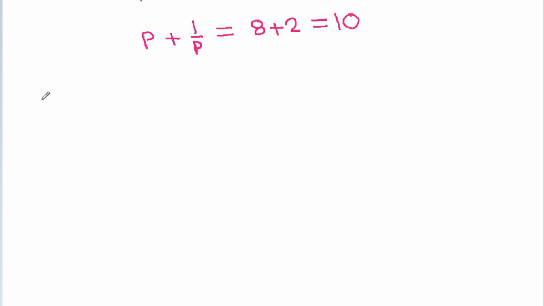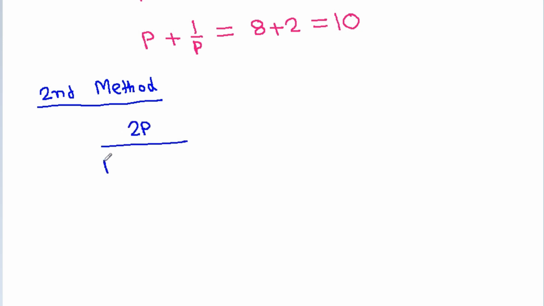And the second method, we have 2p by p square minus 2p plus 1 is equal to 1 by 4.